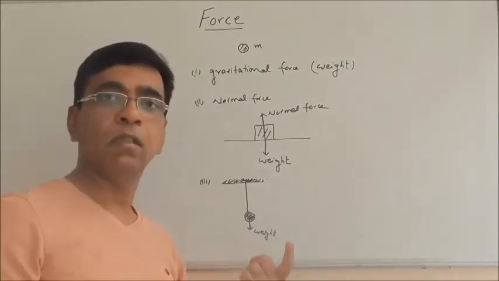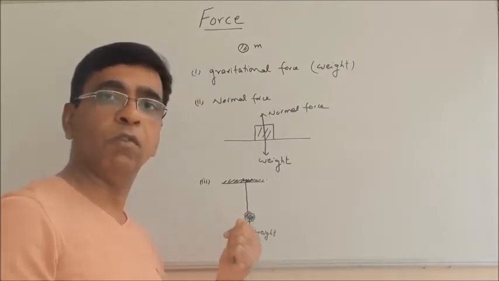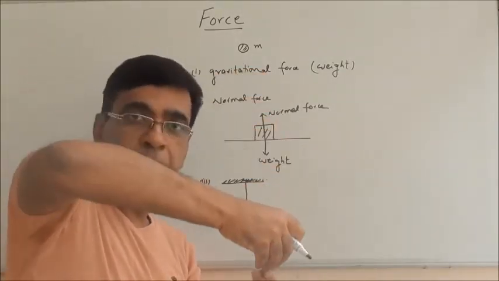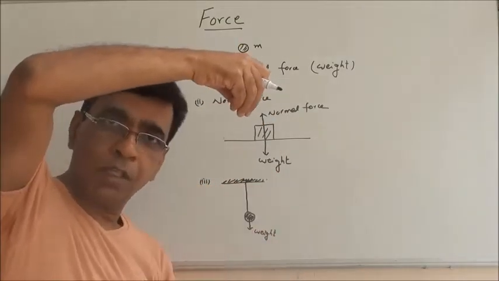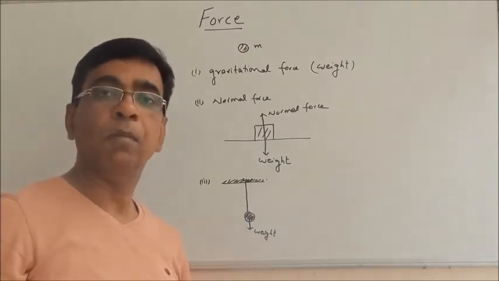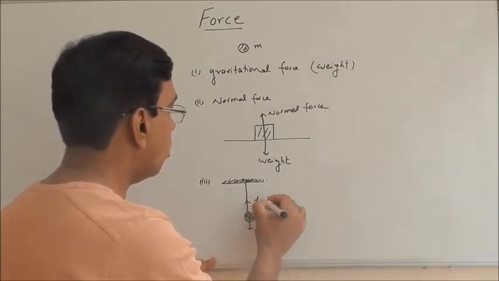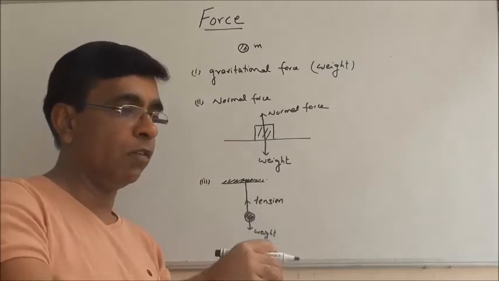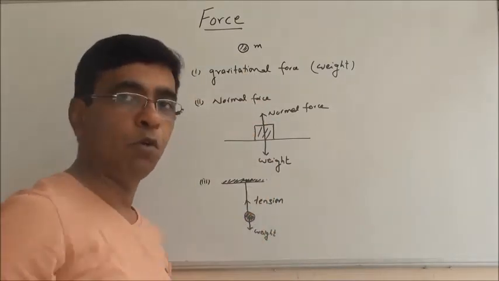It is at rest, and rest means the forces are balanced. So there is some other force. Which force is there? A string is pulling it up. A string pulls this object up, Earth pulls it down. And if it is at rest, it is not accelerating, it means these two forces are equal. So this we call tension. So in a string there will always be a tension, and this tension will be equal to weight.